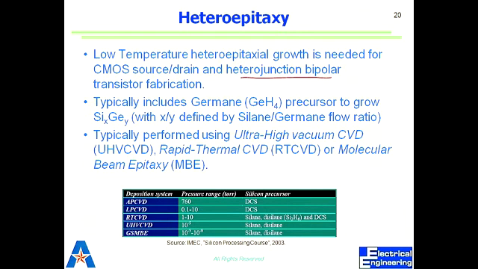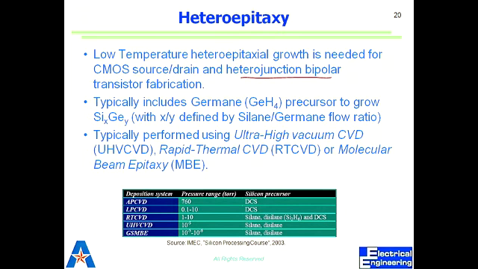So many times we have to do heteroepitaxy. What was heteroepitaxy? Growing a different material on a different substrate. Mostly done in HBTs. So we have germane to grow silicon germanium, and XY is the flow rate between those two.